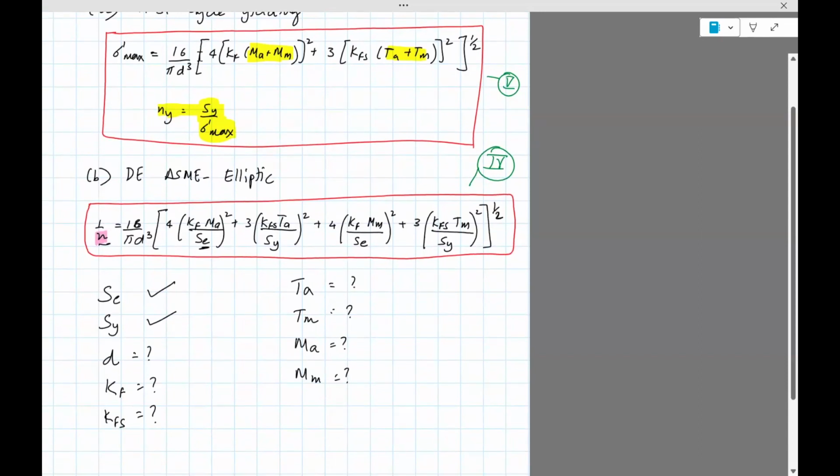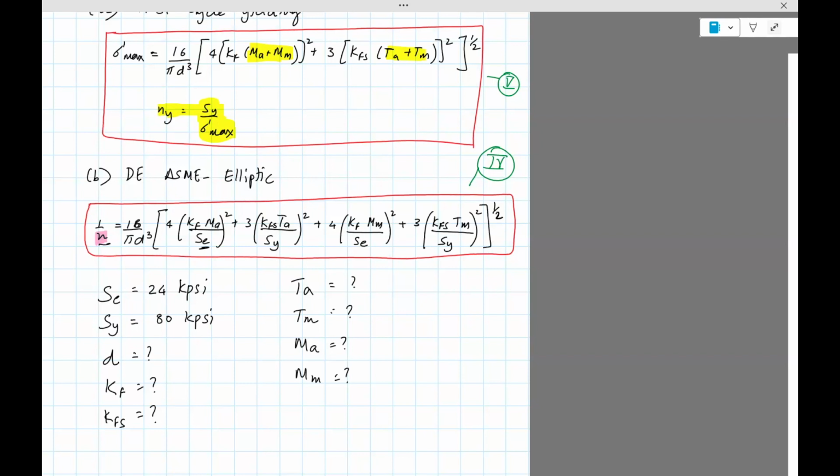Those things are needed. SE is 24 kpsi, and SY is 80 kpsi. Okay, so we need to compute the remaining things.